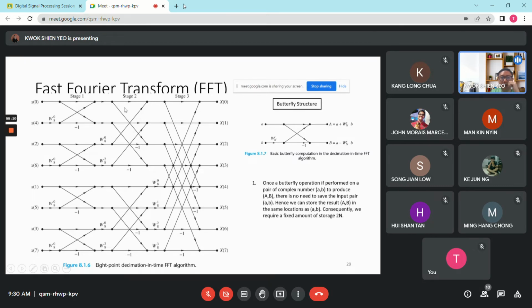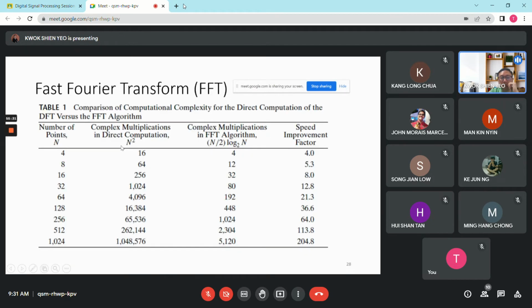It is just the other way of sketching the butterfly structure. They move this near to the input, and then they make use of the negative -1 symmetry property, according to this equation.